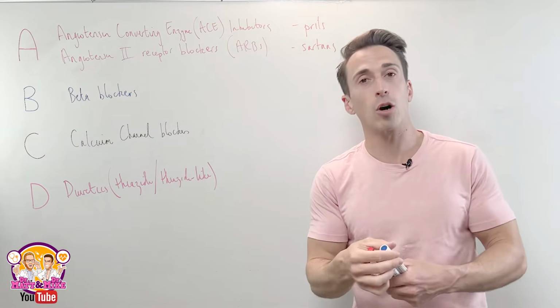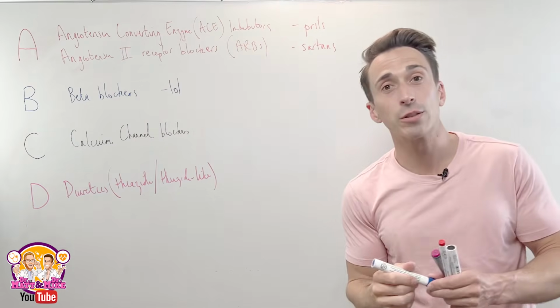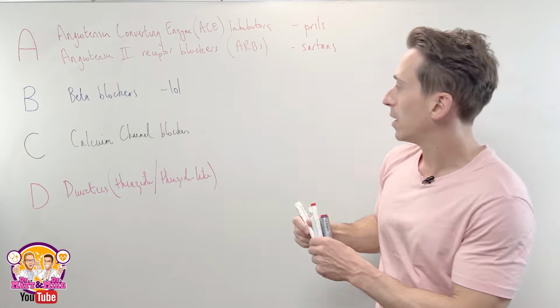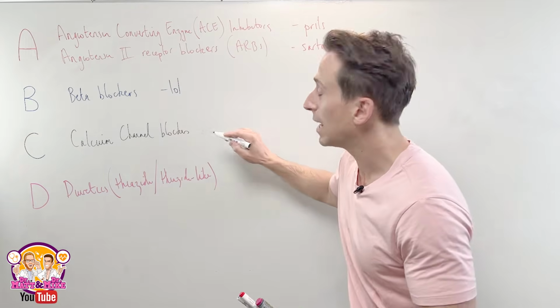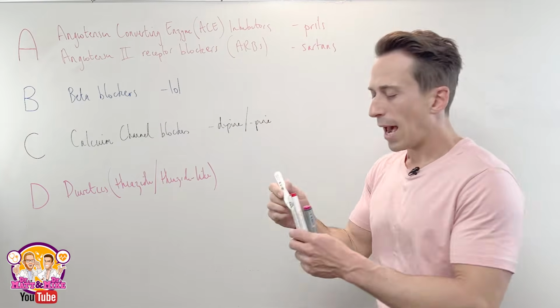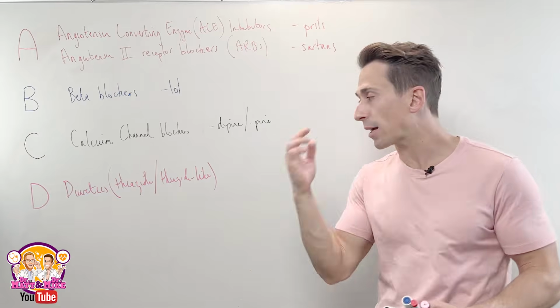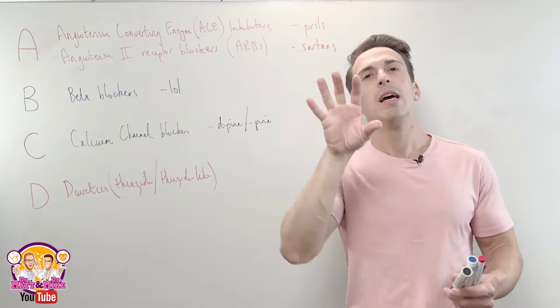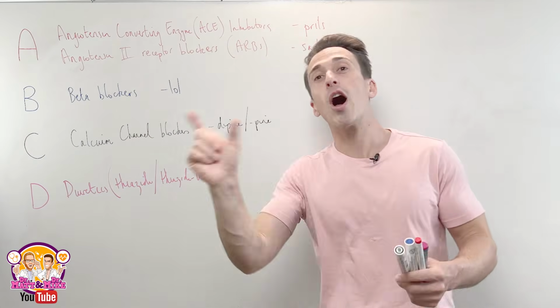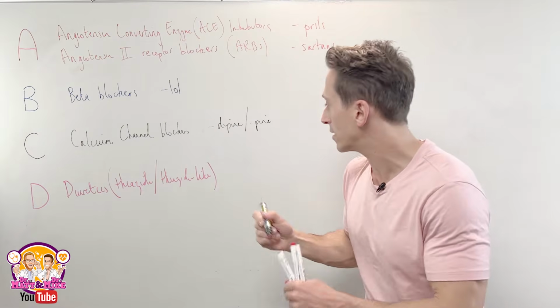The beta blockers are often referred to as the lols. The calcium channel blockers, they're often referred to as the dipines or pines. And the diuretics, and here we're referring to the thiazide and thiazide-like, a bit more tricky. Often they may have thiazide at the end, but sometimes they don't. But let's just pop thiazide as the suffix here.